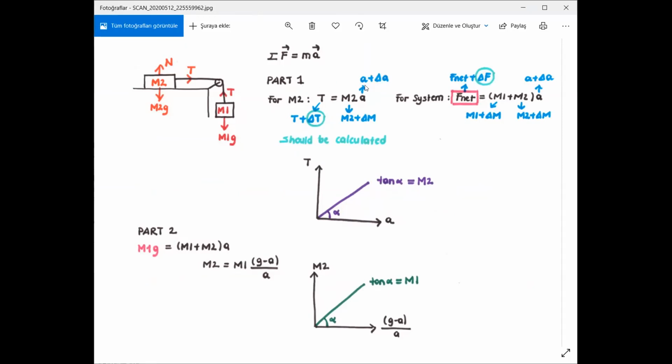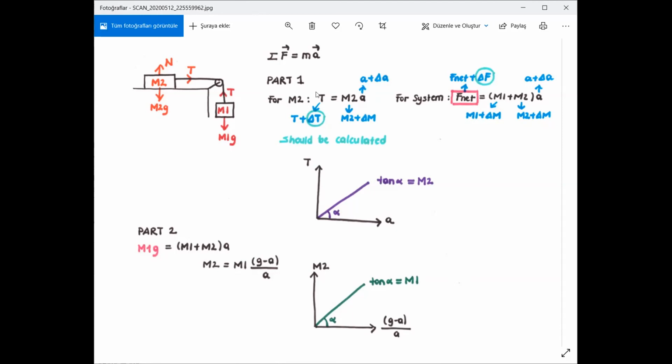This formula is obtained by applying Newton's second law to the motion of the M2 mass. Delta T is the uncertainty of the T calculation.